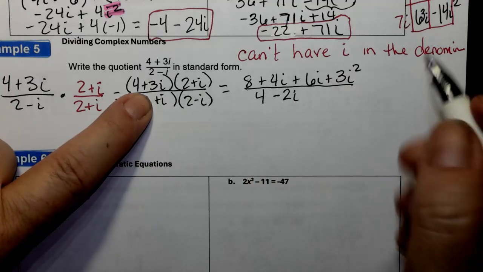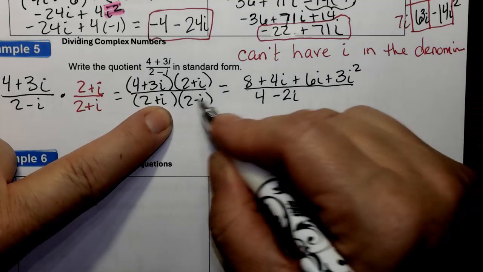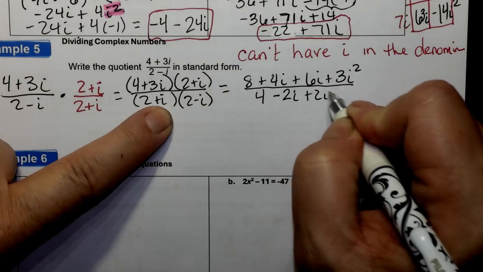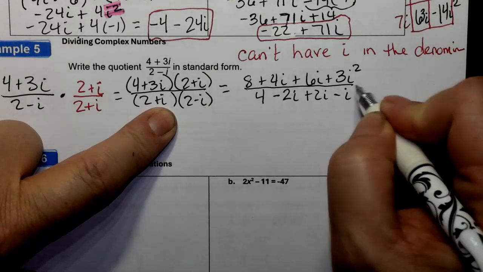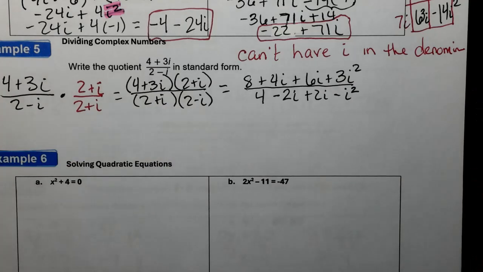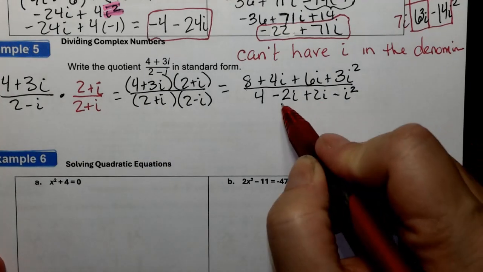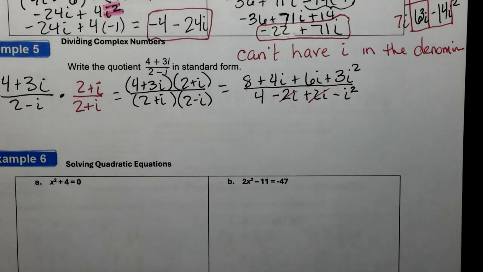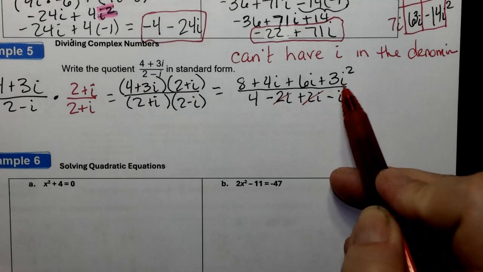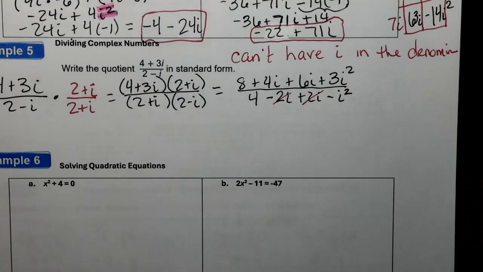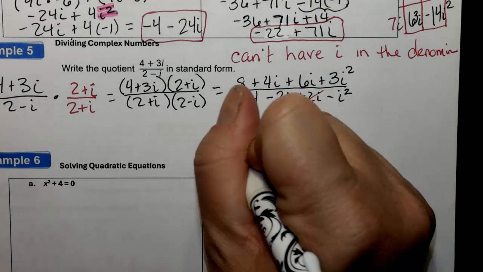This one has a positive i, so we take this i, multiply it by 2, and we get positive 2i. And then i times negative i is going to give us negative i squared. So we do have opposites right here, negative 2i and positive 2i. That's what I was talking about up there. We know that we can rewrite these i squared terms as -1, so that's what we're going to do here.